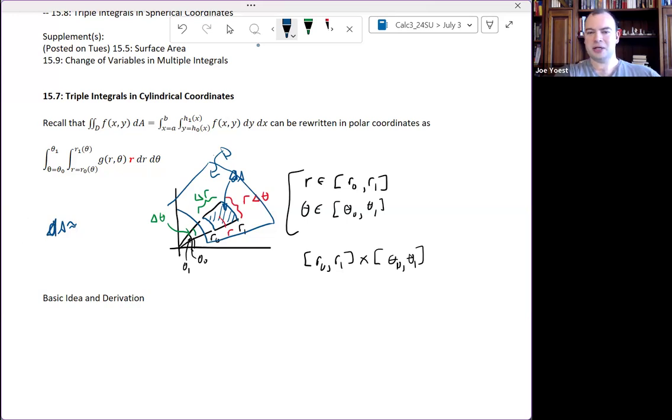This delta A is approximately, well, length times width is delta r times r delta theta, and that's where this extra factor of r comes from.